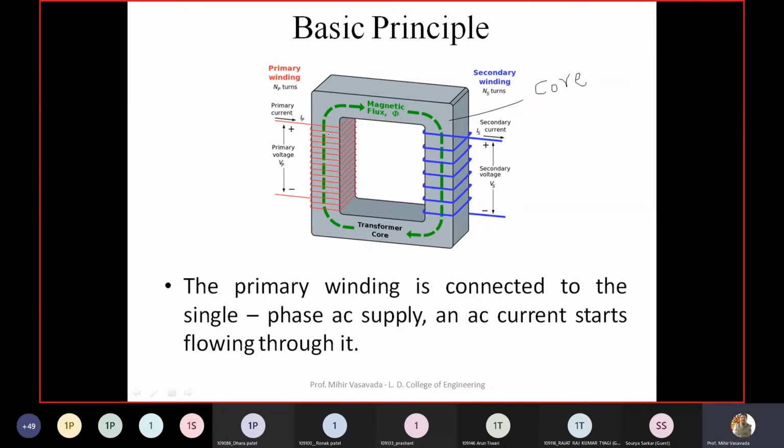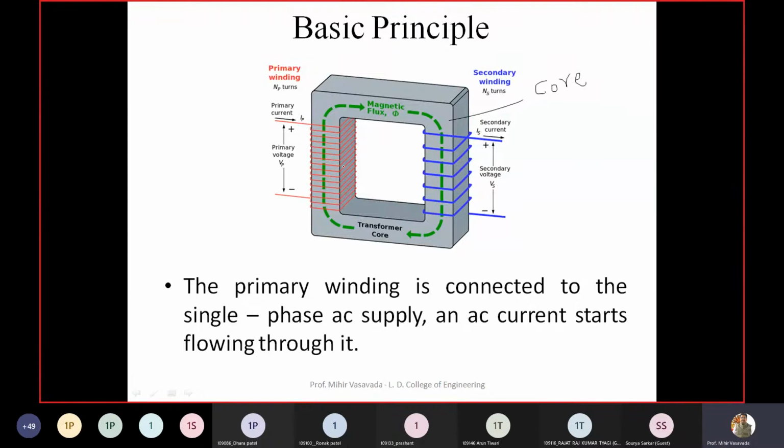This winding in red is the primary winding to which you are giving the AC primary voltage, right? And because of that, the flux is established in the core, and this is the secondary winding, right? The flux produced by the primary winding links with the secondary winding, and as a result, it induces an EMF in the secondary winding.